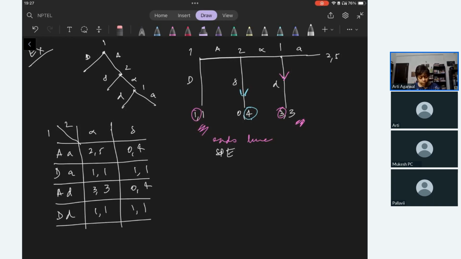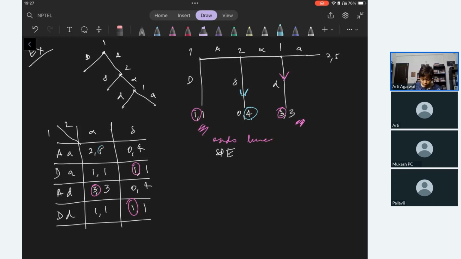Now, if you are asked to find the Nash equilibria, you can do that. If 2 is playing strategy alpha, this is one's best response. If 2 is playing delta, this is one's best response. And if 1 is playing A, this is the best response.